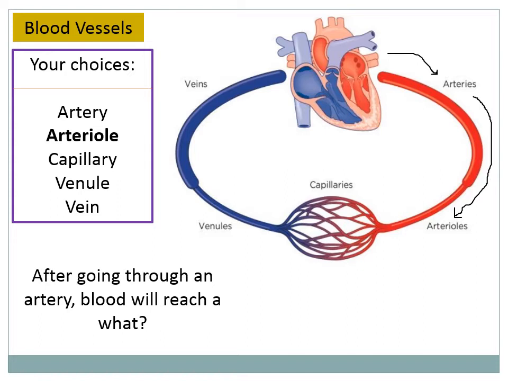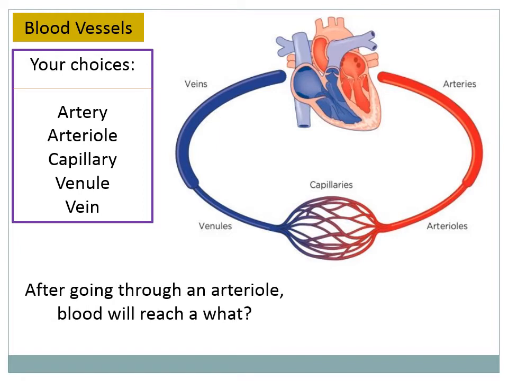An arteriole is basically a small artery. It sounds like a smaller artery, like, oh, you're such a little arteriole. Oh, how cute is that? So we go from an artery to a little arteriole.